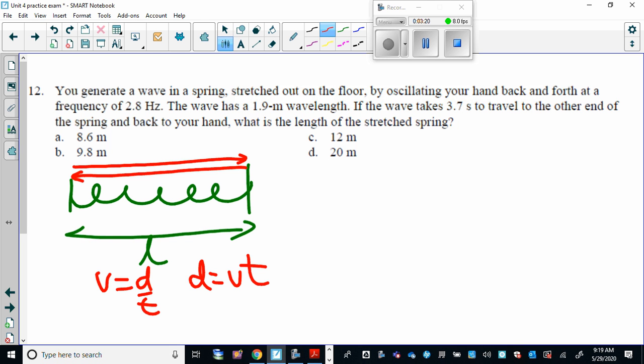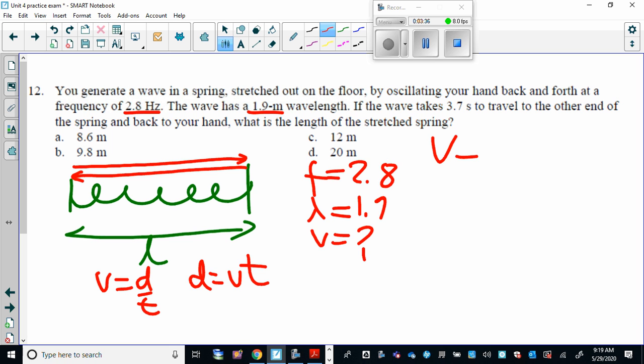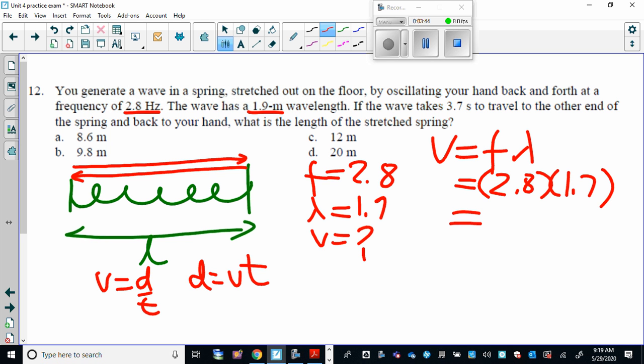What do I have? Well, I have the frequency and I have the wavelength, therefore I can calculate the velocity. So the velocity of the wave turns out to be 5.32.